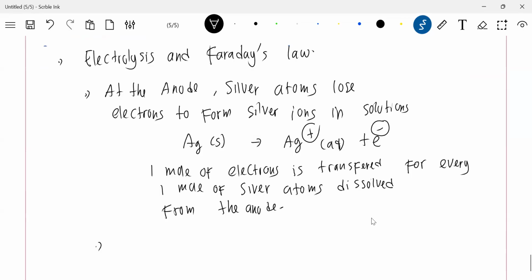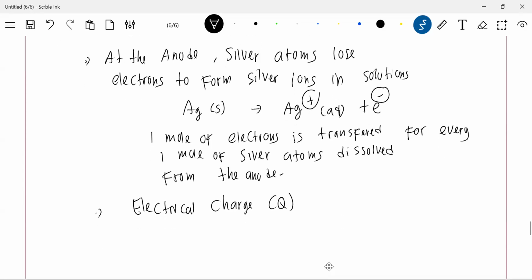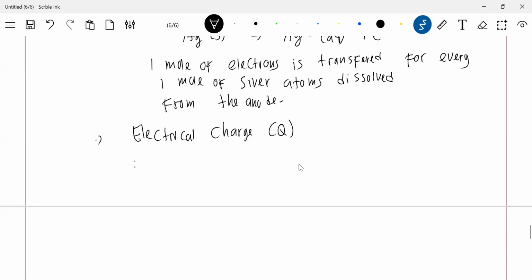So next step, electrical charge. What is electrical charge? Electrical charge is Q. This is the concept first.